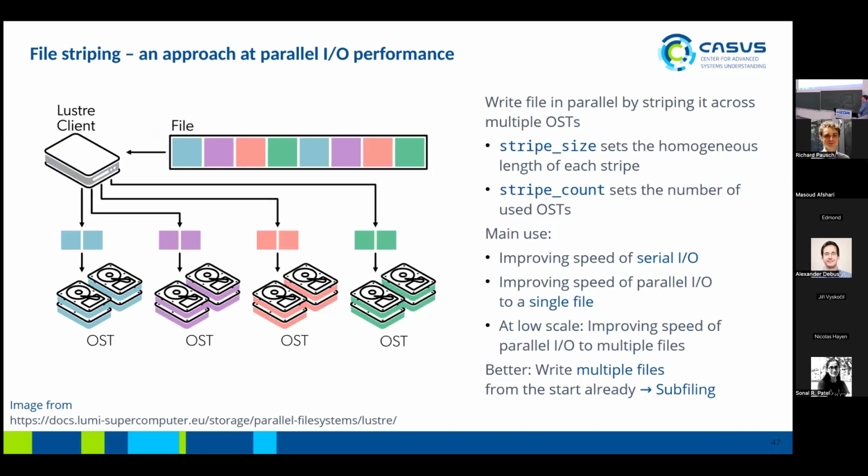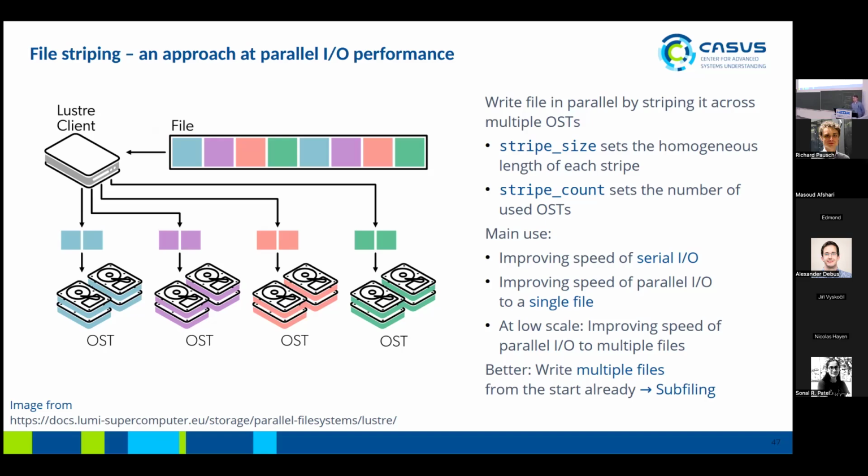One thing that is natively supported by many of these file systems, including Lustre, is file striping, where you can set on the command line a default file stripe, for example, for a directory that you're working inside. The configuration is by setting the stripe size and the stripe count.